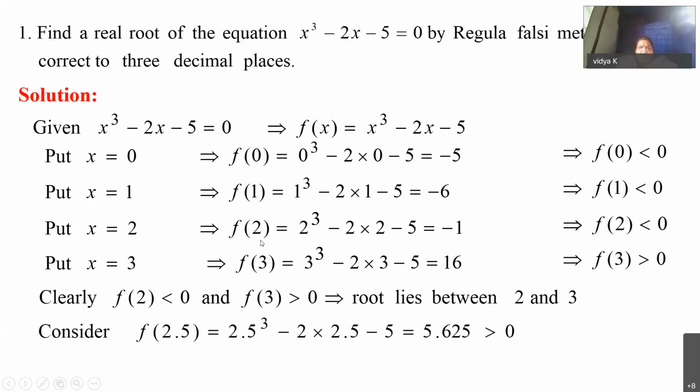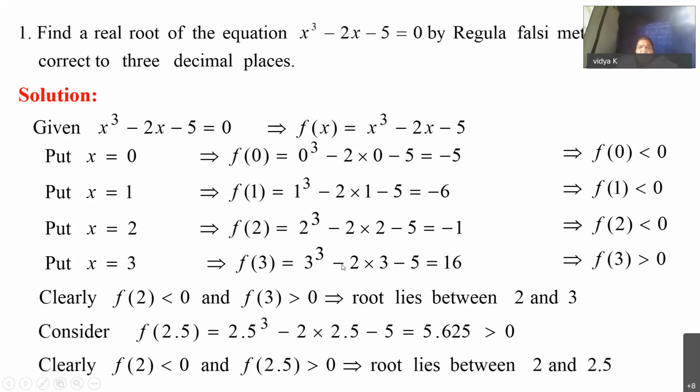Say I took the average, 2.5, and substituted, and I got greater than 0. So f at 2 is less than 0 and f at 2.5 is greater than 0. You may take directly 2 and 3 also, because they asked for 3 decimal places. If you make the difference between the x values you are taking smaller, then your convergence will be faster.